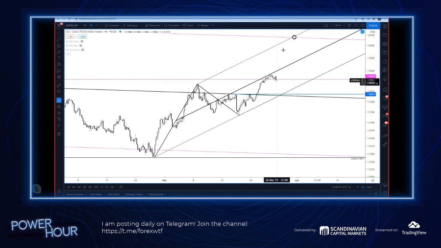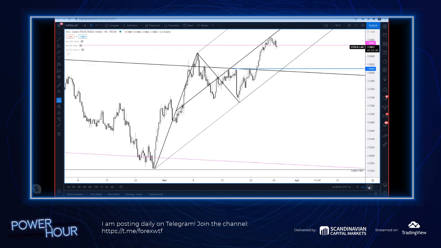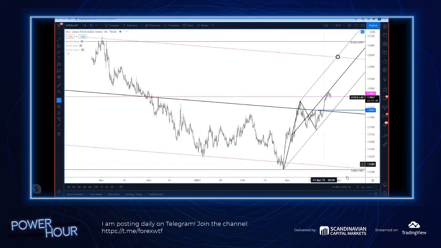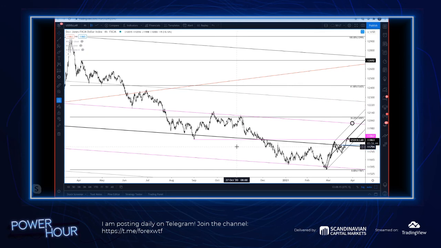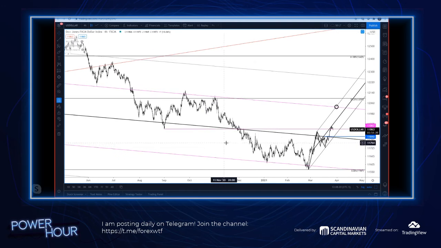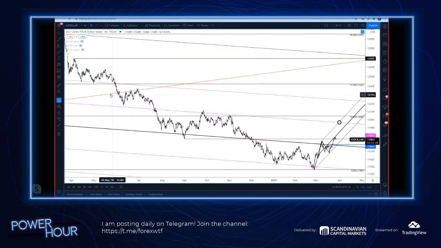Now, eventually, the big level for resistance in the dollar, where I'd probably want to actually turn dollar bearish again, if we got there, would be up here at about 12,030 or so. That's a parallel that you can see has been precise support and resistance since last summer, last June.